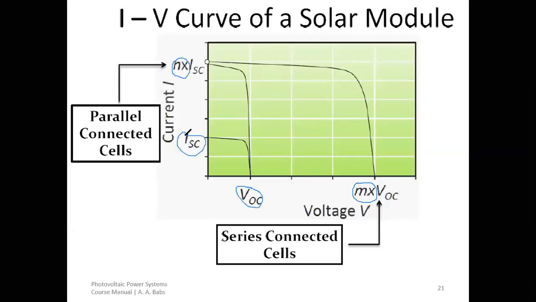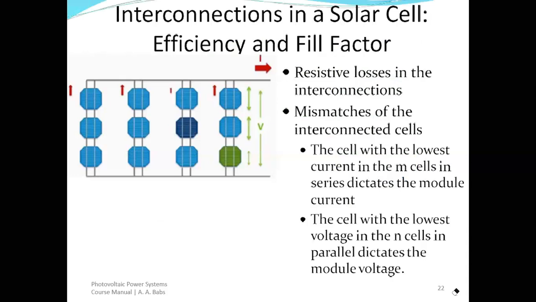And then when we now have many cells connected together, you can see that this value goes up here. When we have many more cells connected together, this value moves to this particular point here. So these represent the number of modules connected in series. This NX represents the number of modules connected in parallel. This is important, okay? We want to quickly look at interconnections of solar cells, the efficiencies of solar cells, and so on and so forth.